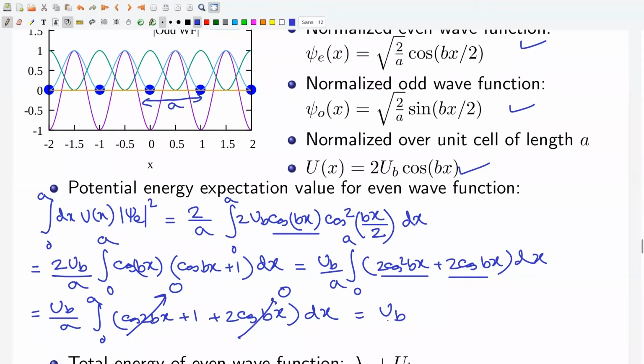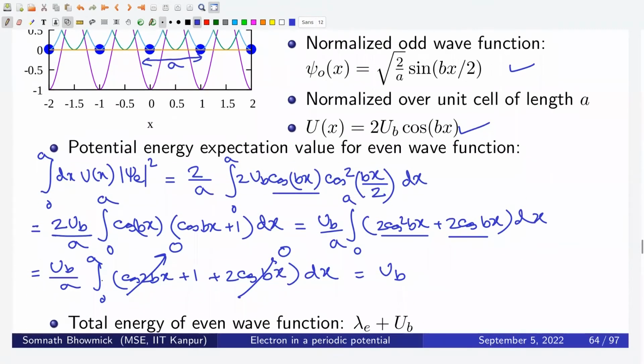Now we already have found out the kinetic energy, thus the total energy of the even wave function is lambda E, which is the kinetic energy, plus the potential energy u of b.